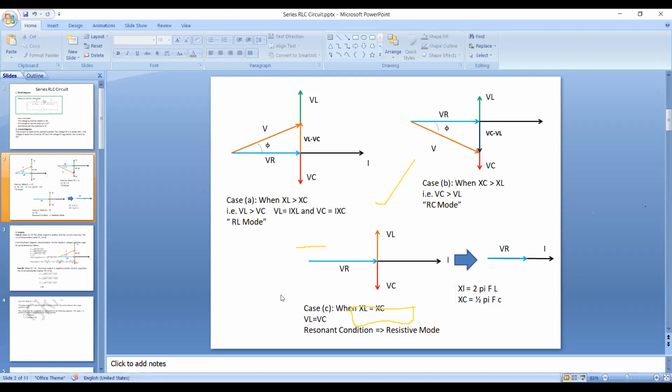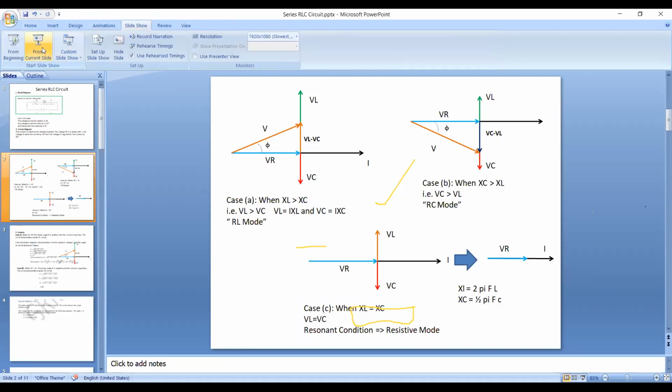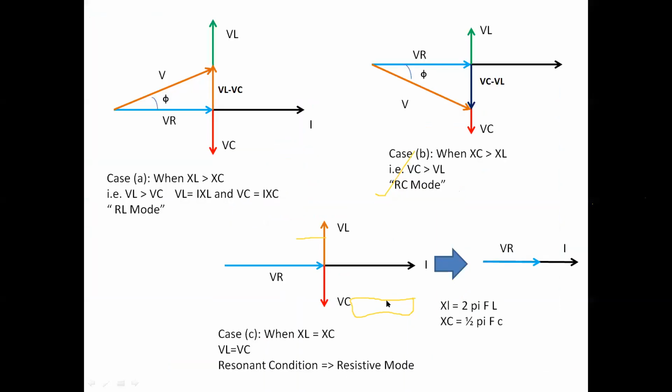So when XL is equal to XC, you will get equal vector length. That is, VL length matches with VC length. And VL and VC are two antiphase vectors.